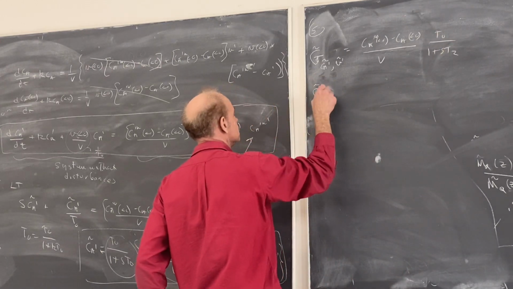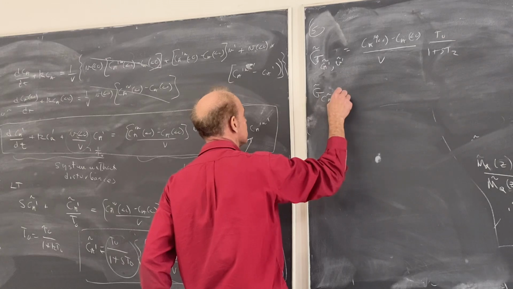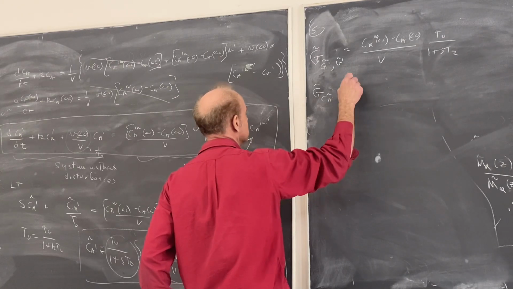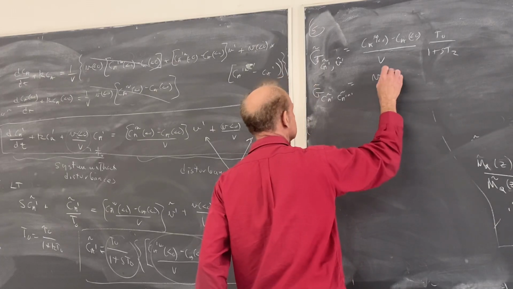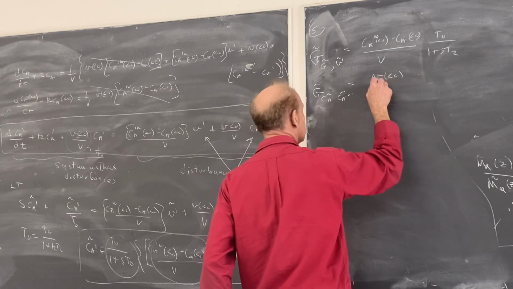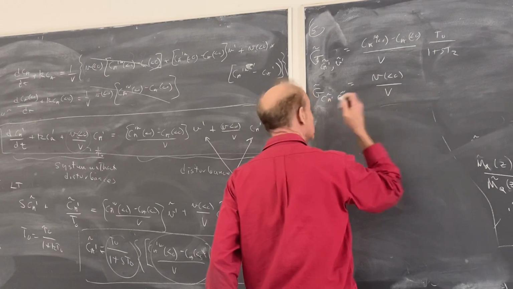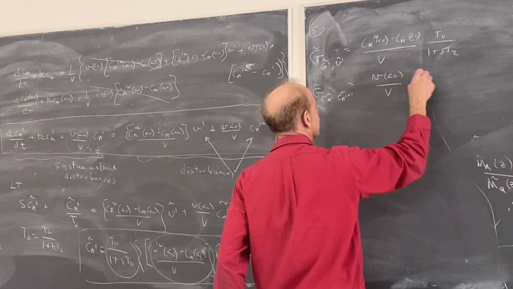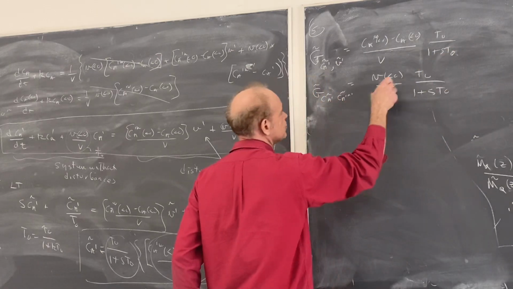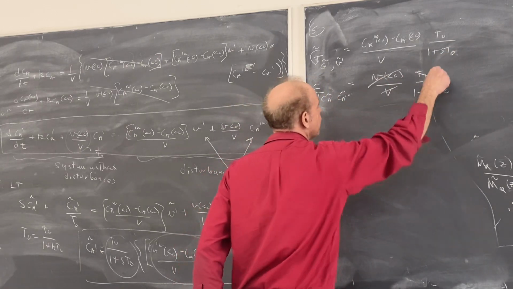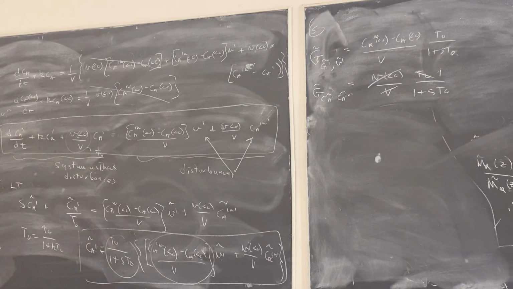And G tilde of CA prime tilde, CA in prime tilde is just equal to V at t less than 0 divided by V times tau 0 over 1 plus S tau 0. And by the way, this is just tau 0. So I just get 1 over S, 1 plus S tau 0.